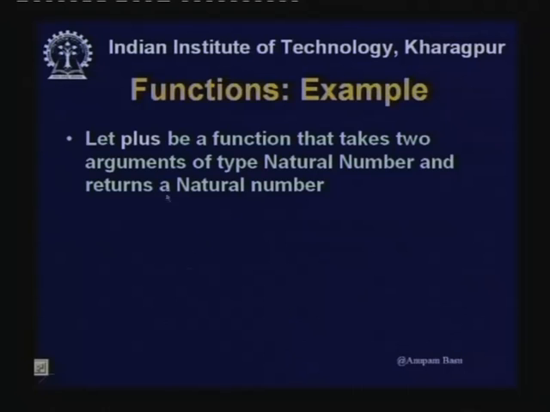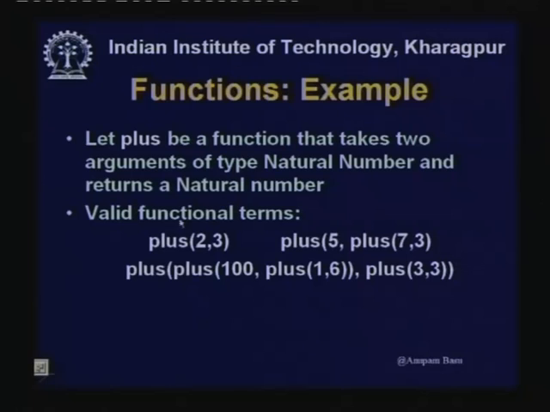Now, let plus be a function that takes two arguments of type natural number and returns a natural number. Now, if that be my definition, well, then let us see plus 2 3, that is a valid function.